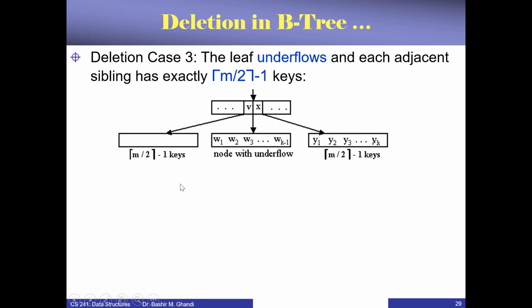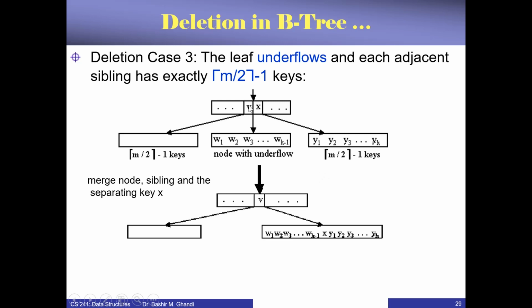So in this case, you have no option but to do what is called merge. You have actually two options for merge. Either you merge the node that will underflow with its right sibling along with their common parent. So the common parent will come down actually. So all of this will form one node, as you can see here.